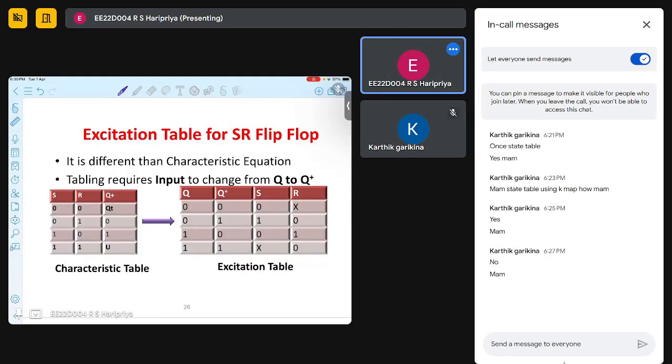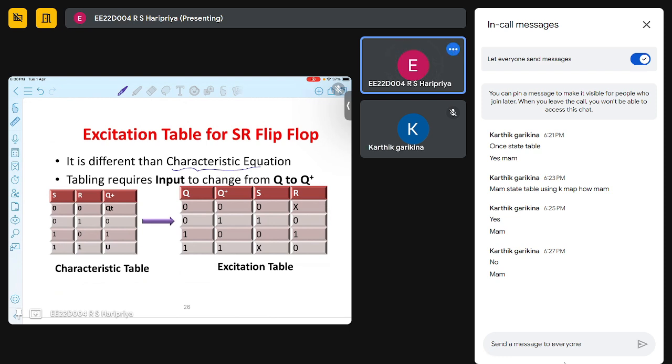Next is, the excitation table is different from the characteristic table. So characteristic, what will be the input of the flip-flop? If we have an input 0 0, then what will be the next state, that is given by the characteristic table.